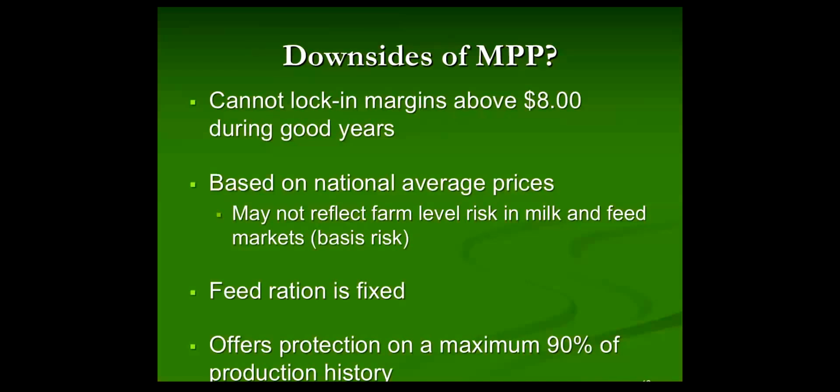That ration is fixed. Only the dollar amount is what changes, based on where futures end up, and then the hay price actually is. And you can only guarantee a production history level, the 90% level is the maximum that you can do.